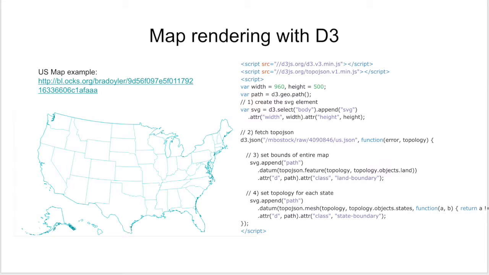So the last step is you're setting your topology for each state. As you can see, it's setting a path and then using topojson.mesh to basically set the arcs on each of the paths in your SVG. And we're also setting a class on each path, right, so that we can style the fill.